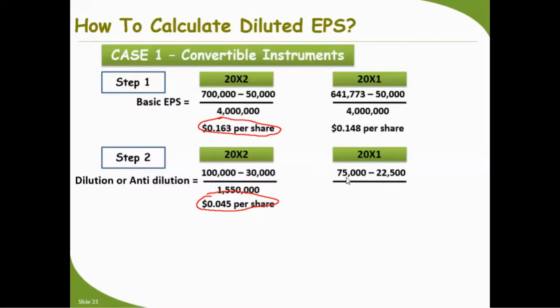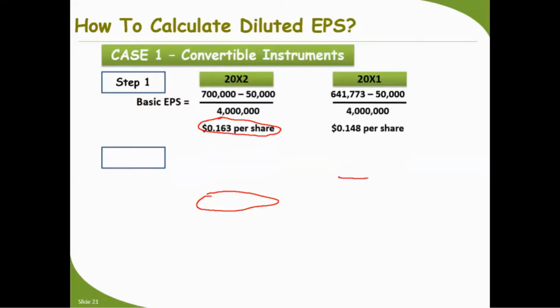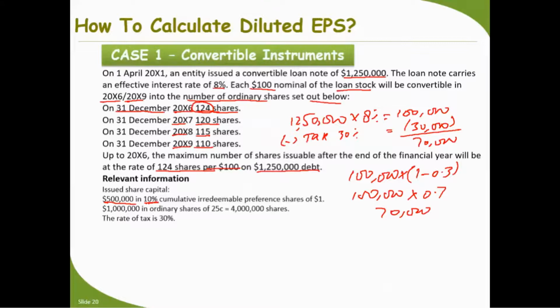Now 75,000 was the profit, and look, the important thing is when shares were issued, loan was issued. Loan was issued at 1st April 20x1. For that time period, to calculate finance cost, we are supposed to make it time fraction. So 1,250,000 times 8% times 9 by 12 from 1st April to 31st December.